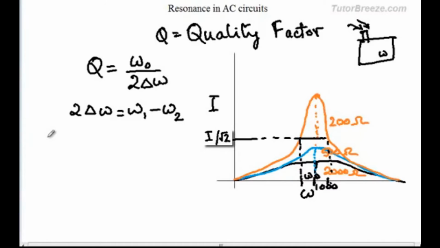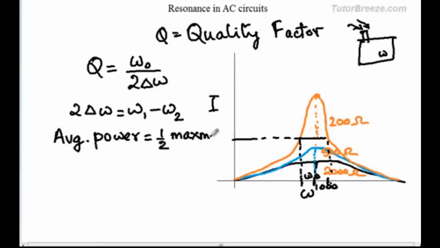At the points omega 1 and omega 2, the average power in the circuit is half its maximum value. So these frequencies omega 1 and omega 2 are also known as half power points, the points at which the power falls down to half.